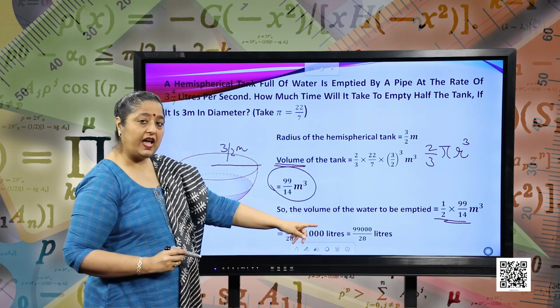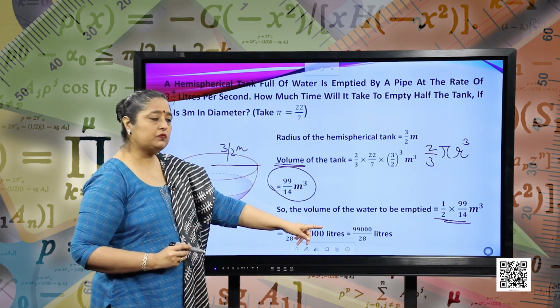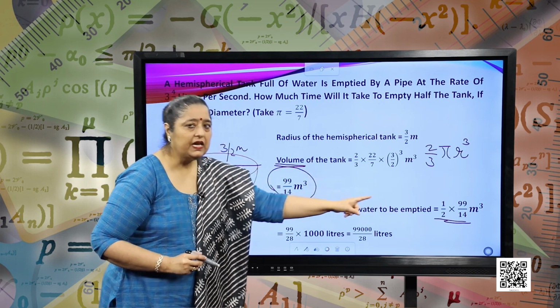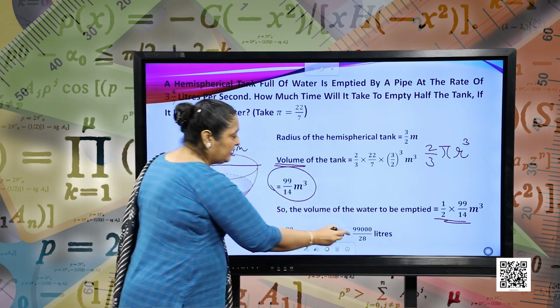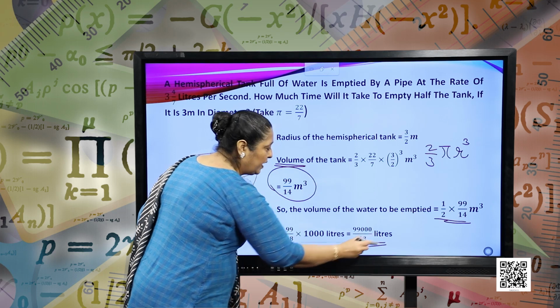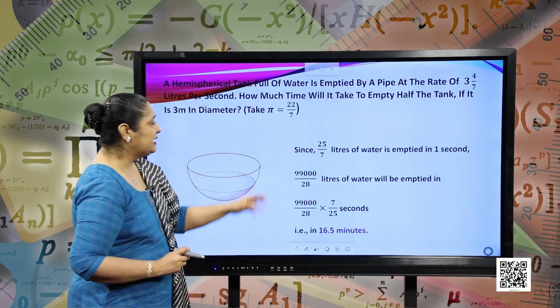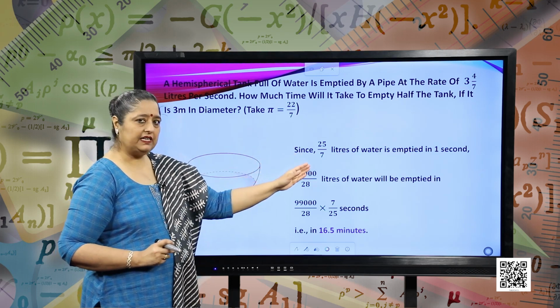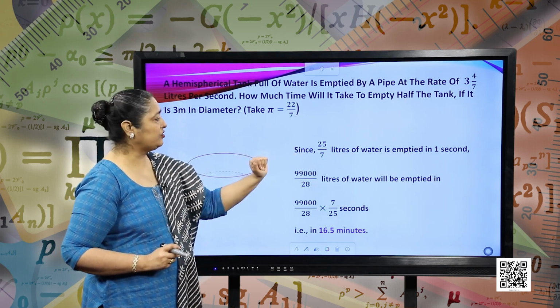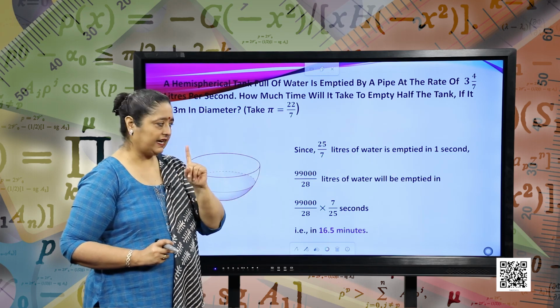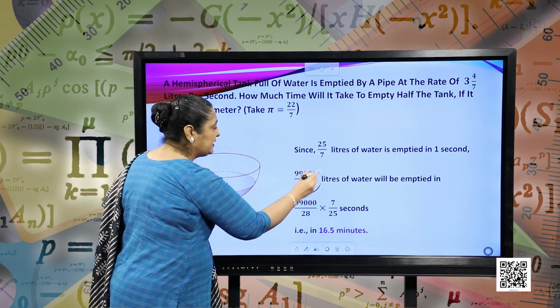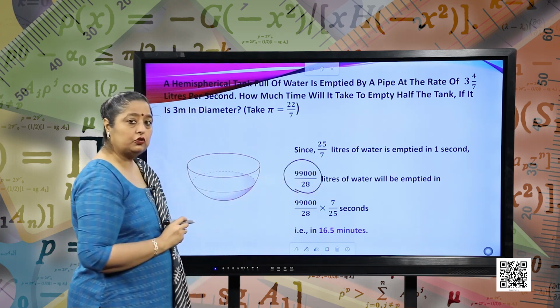Multiplying by 1000, why are we multiplying by 1000? Because we want to convert meter cube into liters, and we have 99,000/28 liters. So, moving forward, since 4/7 liters of water according to the question is emptied in 1 second, we have this much liters of water to be emptied.